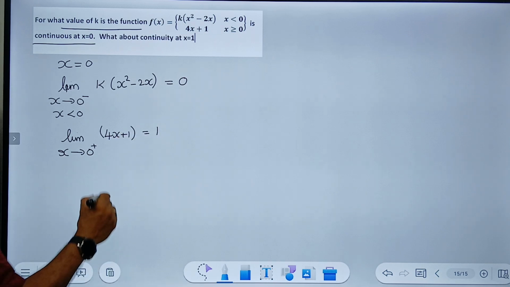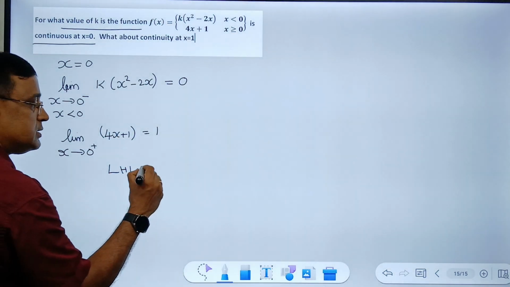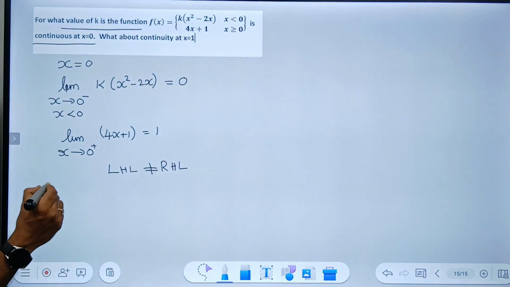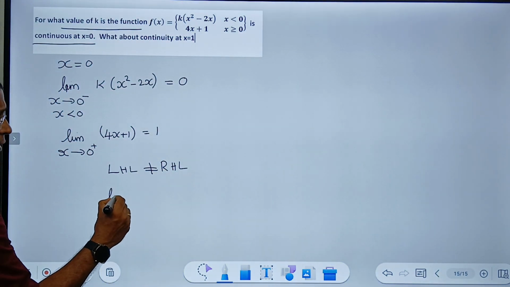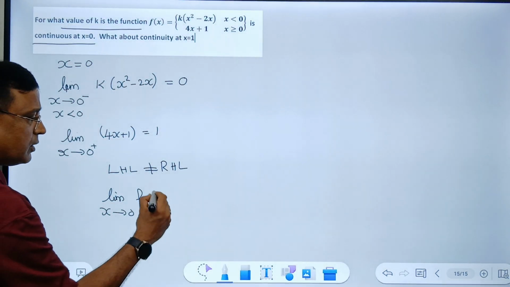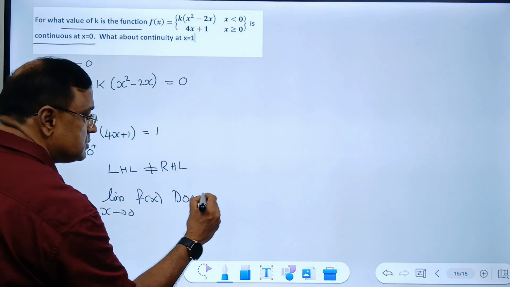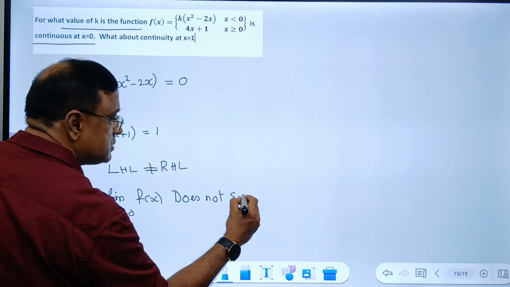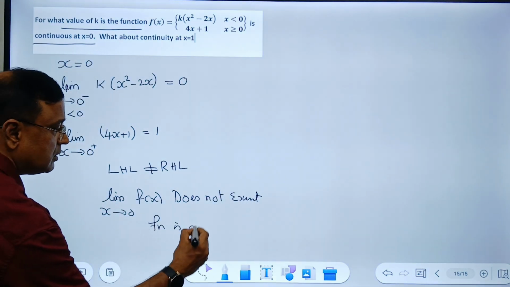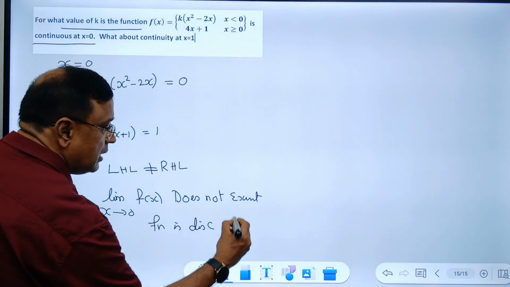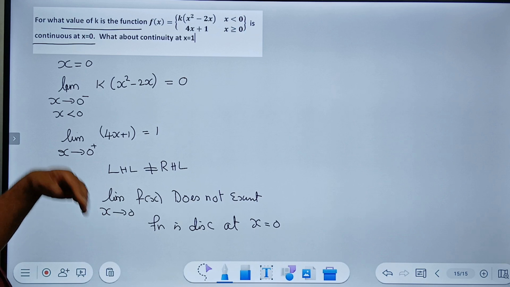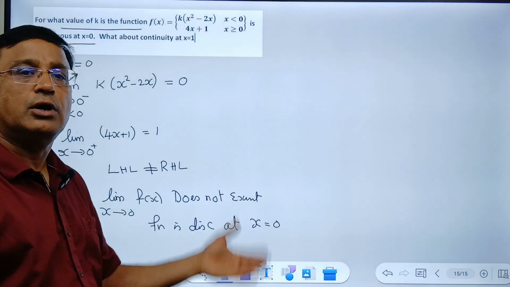Now clearly you can see LHL is not equal to RHL. If LHL is not equal to RHL, what do you say? Clearly limit does not exist. If limit does not exist, the function is discontinuous at x equal to 0. But the question is, for what value of k is the function continuous?